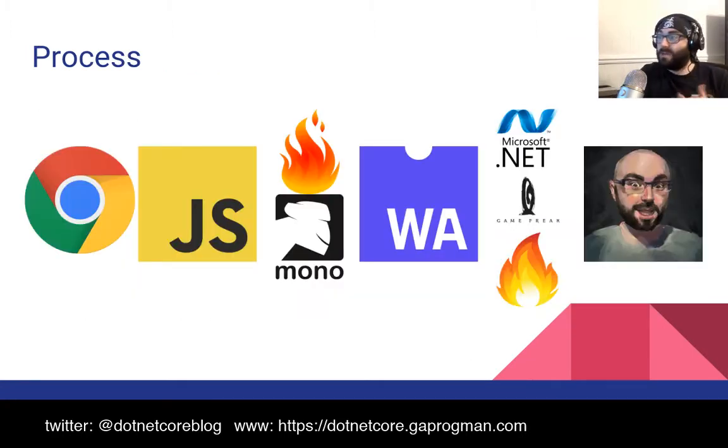So if we have a look at the process, from left to right, we have the browser, the JavaScript execution context, we've got mono.js and blazor.js, we've got WebAssembly, we've got Microsoft .NET, the .NET framework that gets created, the app that I created, I'm representing that with Game Freak, there's a lot of Pokemon references so far, and the Blazor runtime environment, and me as a user.